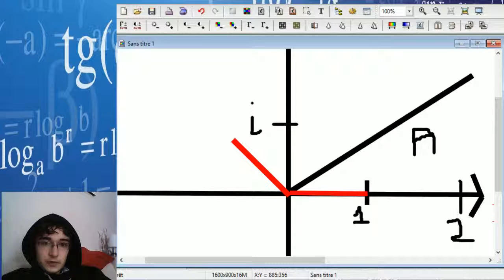Can you see it? This one, this angle. You want it to be, when you apply it again and again, you have to come back to 1. So you'll have this angle and this angle, and that will actually be a solution.